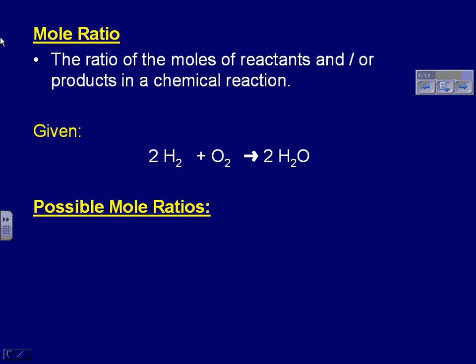The mole ratio. It is essentially the conversion factor for chemical reactions. It is the next in a growing list of conversion factors that we know how to use. As we talk about solutions and chemistry that are in water, in aqueous things, we'll have some other conversion factors.